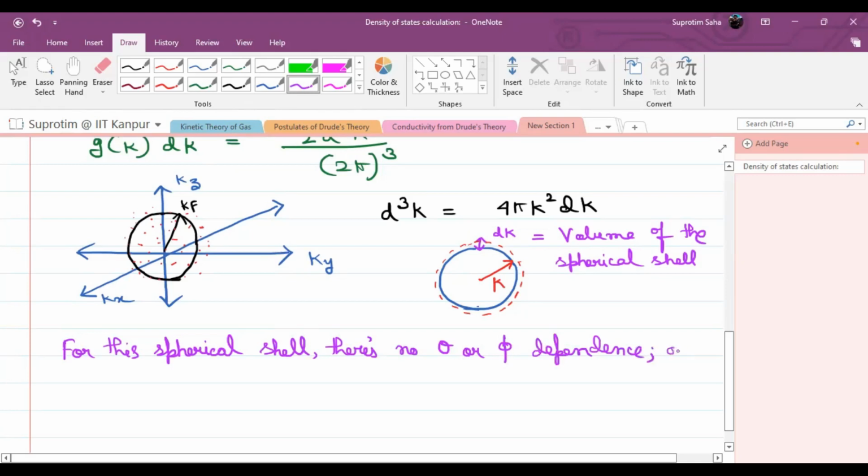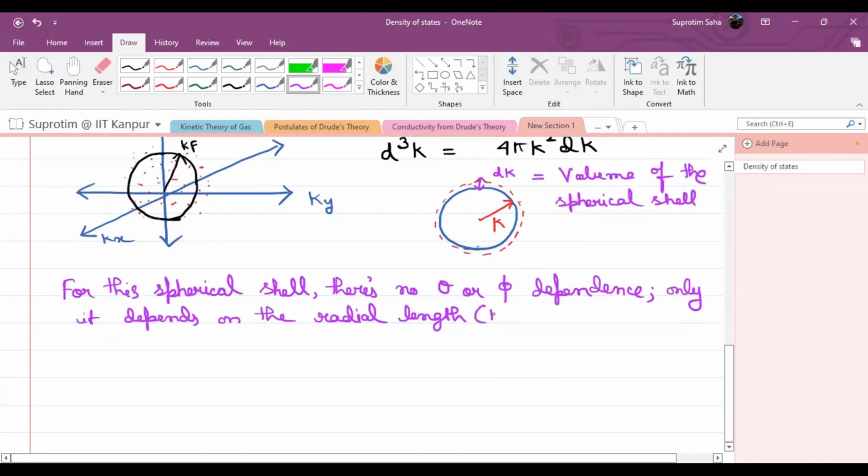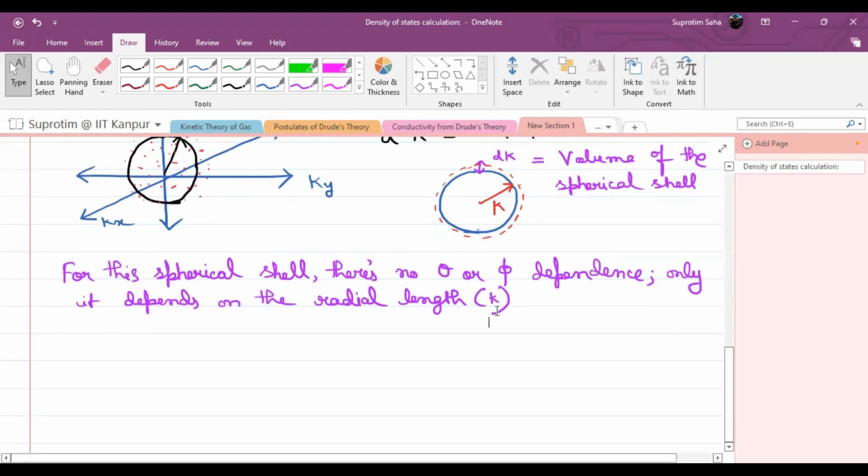It depends only on the radial length. So it depends on k, the vector, which is the radius of the Fermi sphere. It need not be a Fermi sphere, but just consider a spherical shell that contains some electronic density of states, and those are filled.